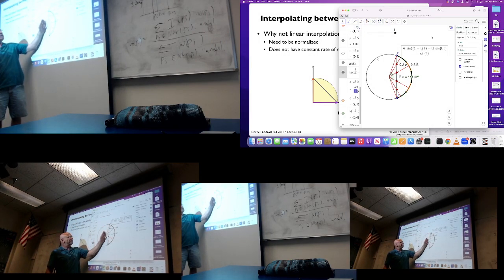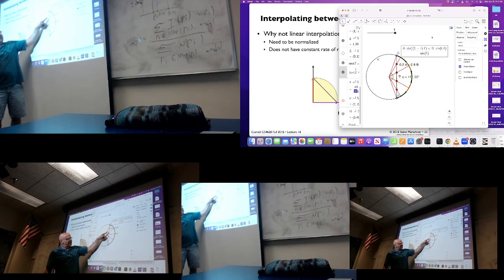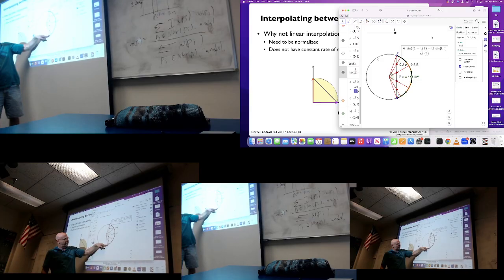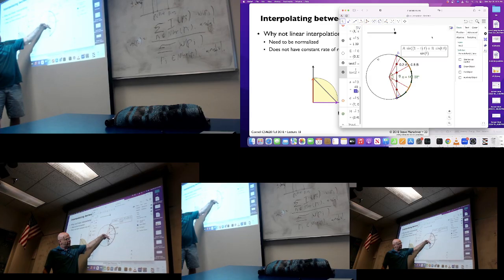Here is my object facing from the center toward B. Here is my object, placed still at the center, but looking at A. And I would like it to rotate linearly at a constant speed around this circle.